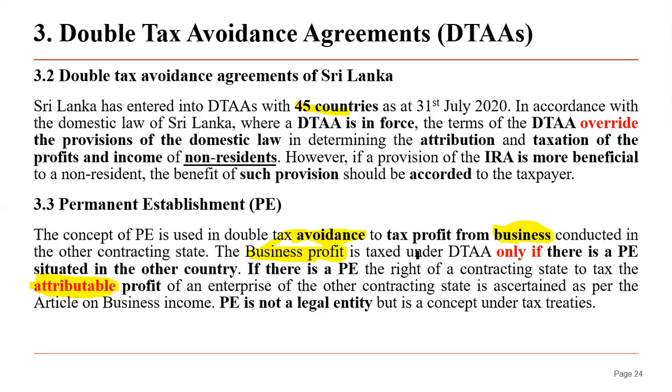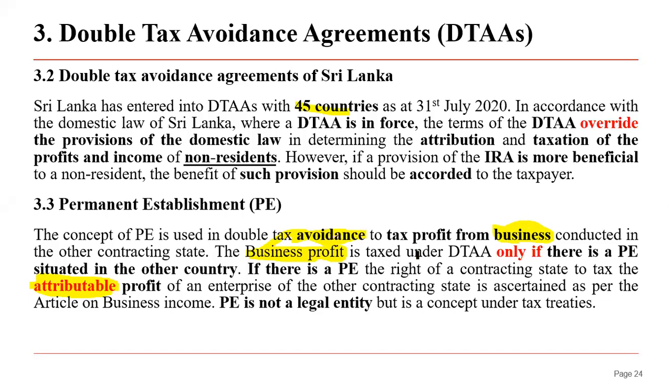Each DTA has a separate article for royalty, interest, and dividend, and there are two treaties, India and Vietnam, that also have technical service fees. If there is a technical service, we need to deduct the applicable rate.